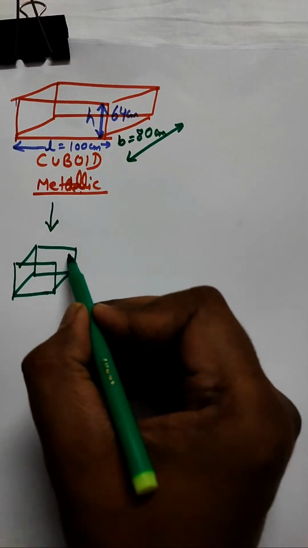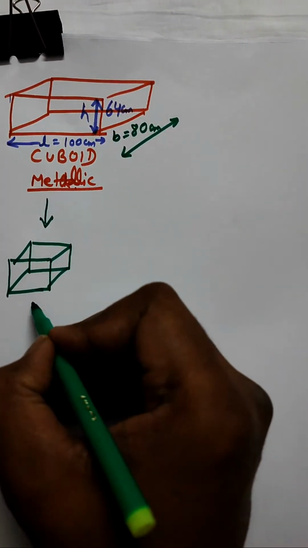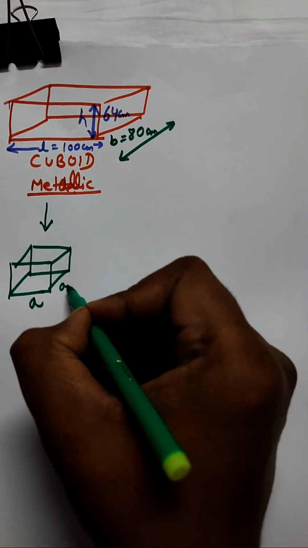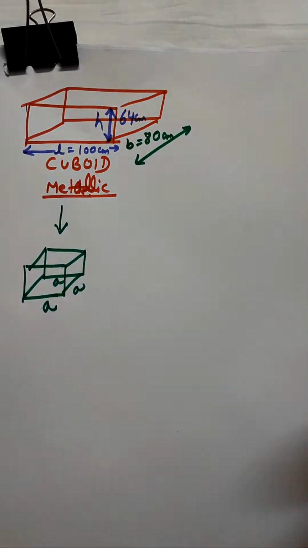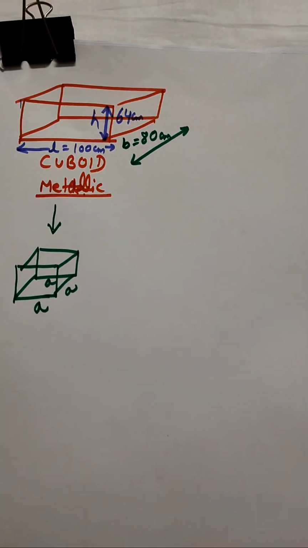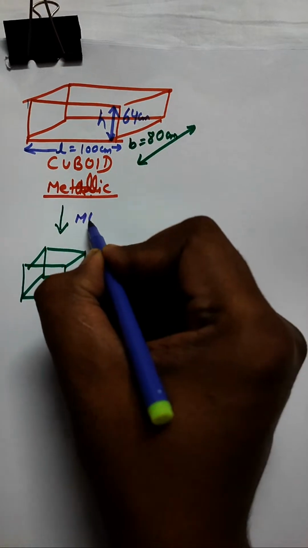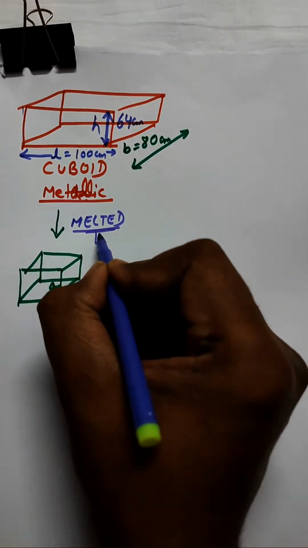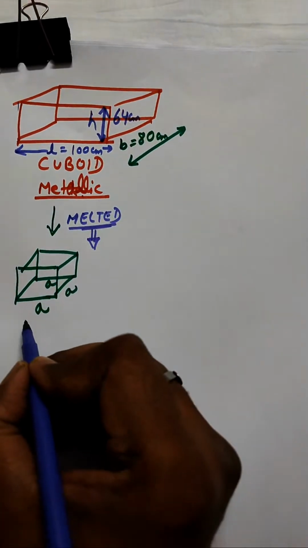That is, all its sides and edges are equal. Let's say a. Then length will be a, breadth will be a, height will also be a. Right? Now, this is melted to form a cube. This is a cube.